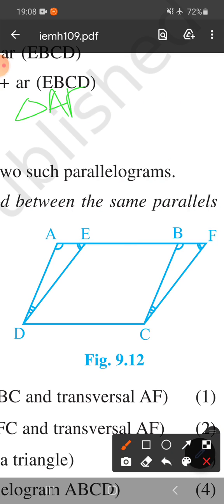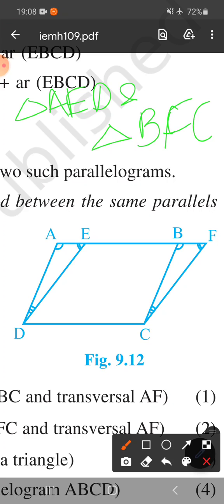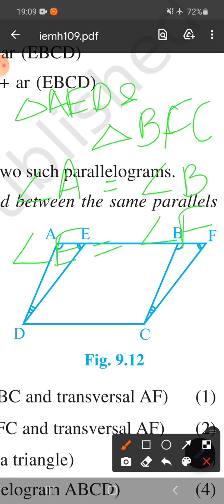In triangles AED and BFC, the first is angle A equals angle B, as AD and BC are two parallel lines intersected by transversal AB. Now again, DE and CF are two parallel lines intersected by transversal AF. So angle E will be equal to angle F, right?